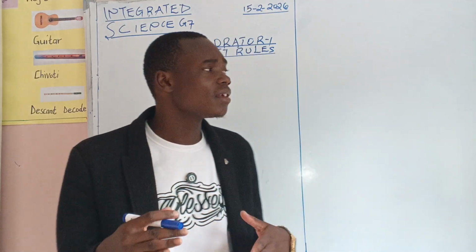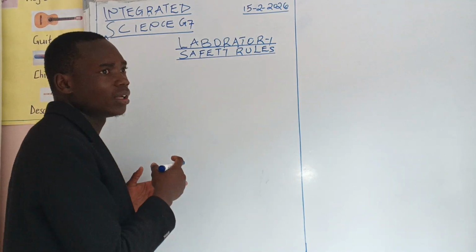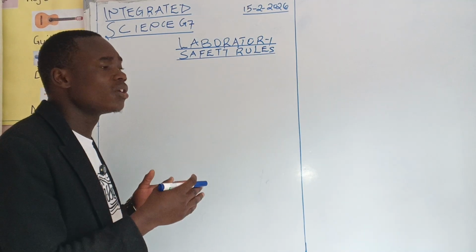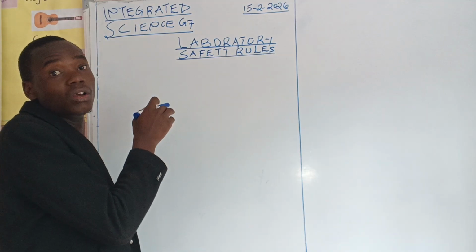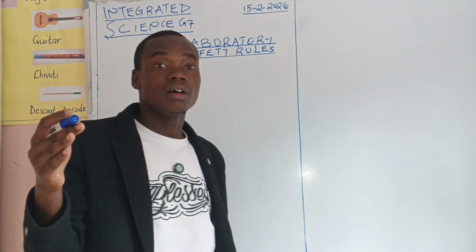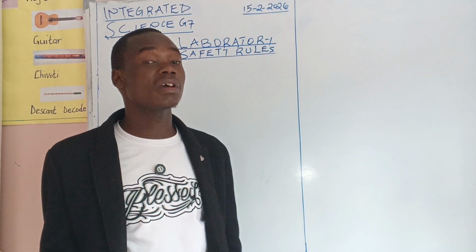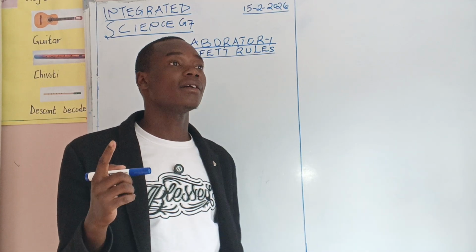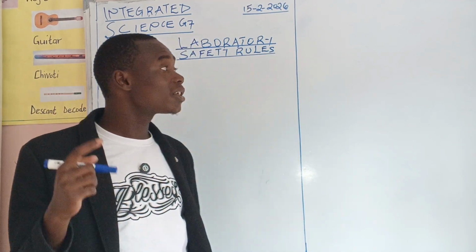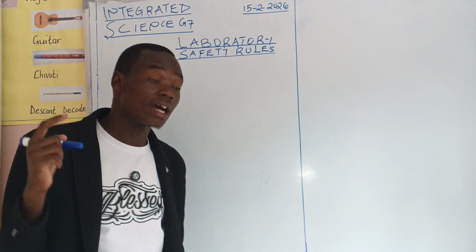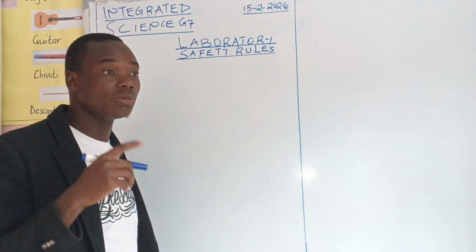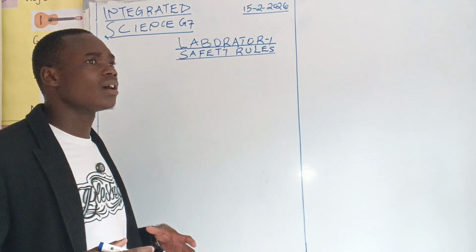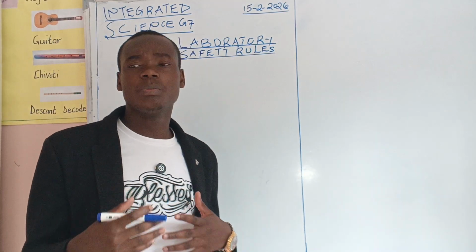Even if you've checked, you have to know them, because without these rules, your result might be inaccurate as you do your experiment. Number two, accidents can occur as you carry out your experiments. So you realize that there must be rules to be followed.